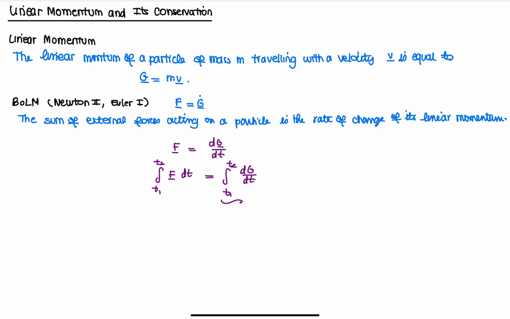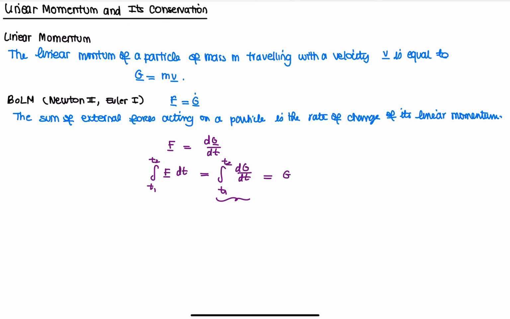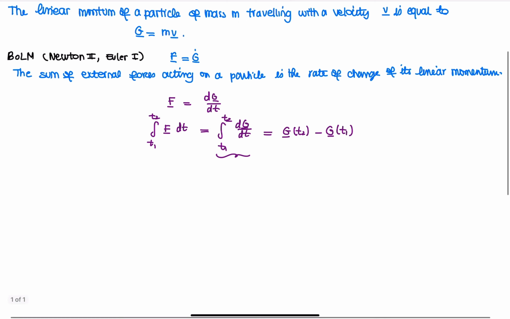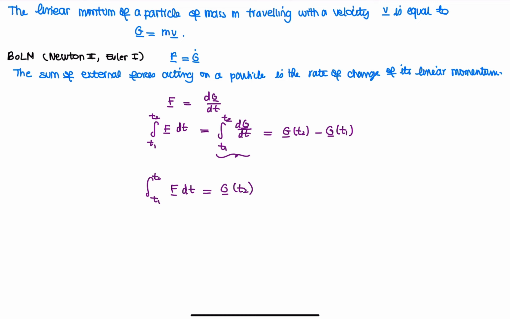Now this side of the equation, by the fundamental theorem of calculus, that's the linear momentum evaluated at t2 minus the linear momentum of the particle evaluated at t1. So at the end we get the integral of F dt is equal to g at t2 minus g at t1.